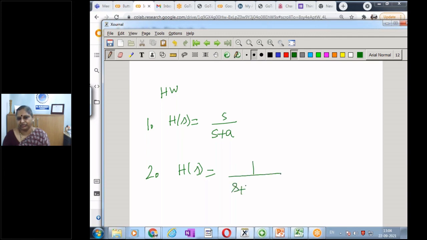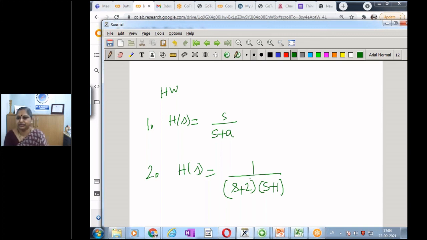We saw only one pole, say s plus 2 into s plus 1. If I have a transfer function like the same problem, I want you to try for getting the magnitude response, the impulse response, the phase response, the frequency, everything. Just try it. And if you're not able to do it anyway, we'll do it in the next class.